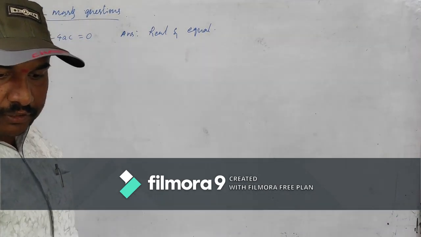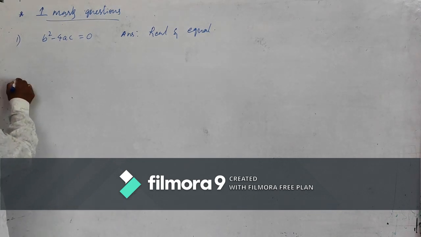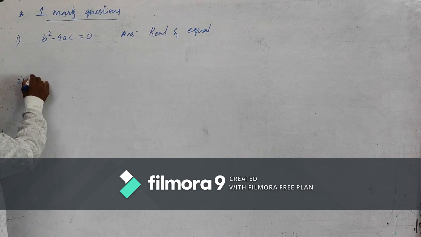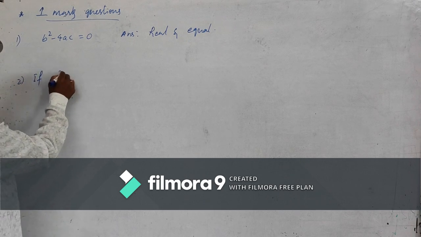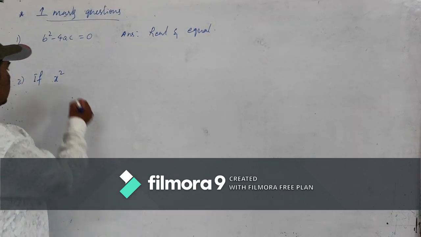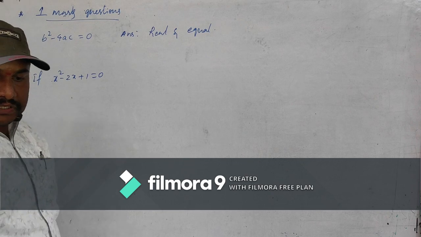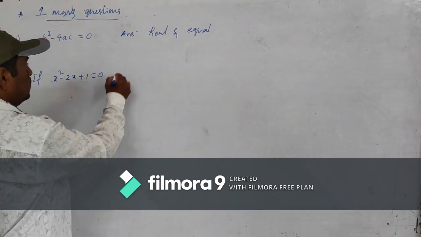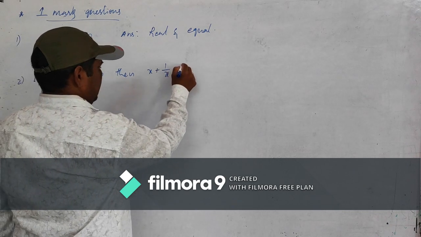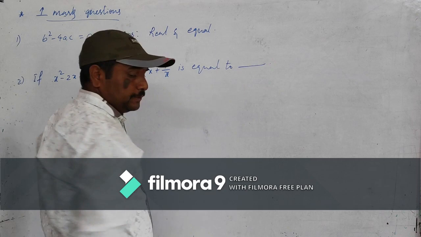Another question: if x square minus 2x plus 1 equals to 0, then x plus 1 by x is equal to dash.